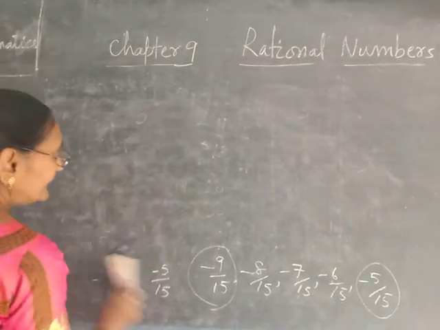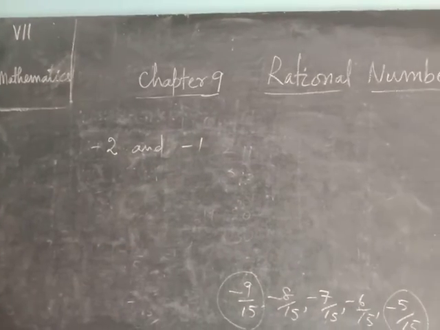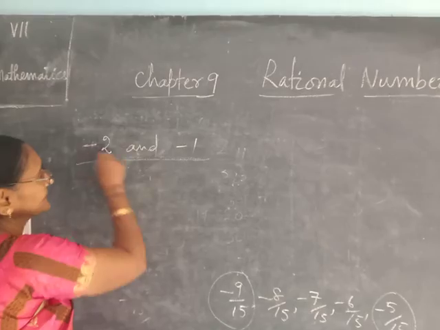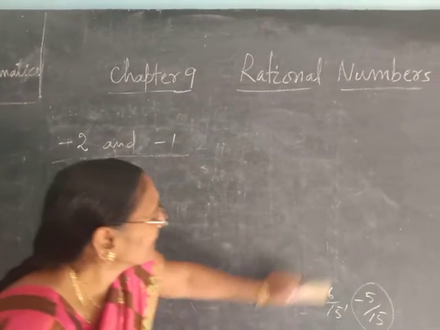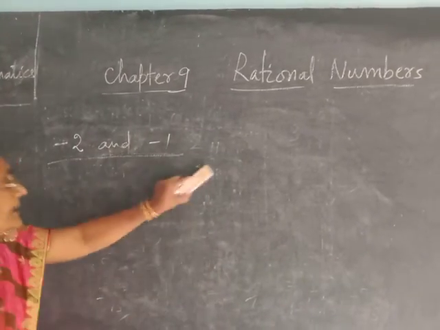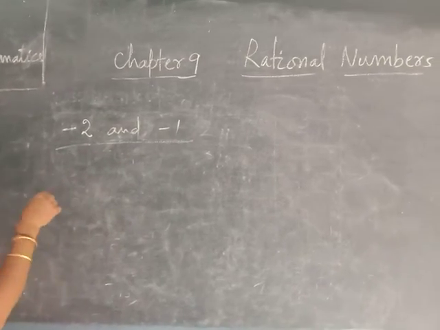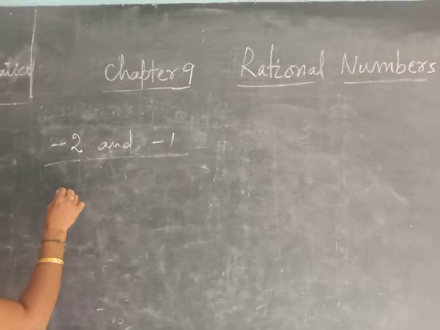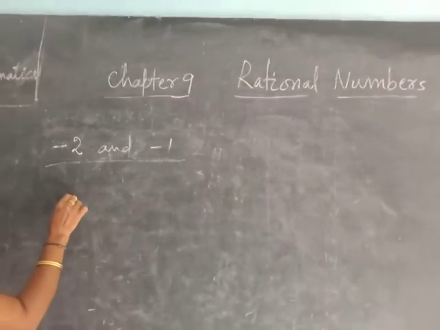Another example I am telling you. Here minus 2 and minus 1 are there. How many rational numbers are there between these two rational numbers? First you have to take a denominator. Here the denominator is not given, so suppose you take 5.